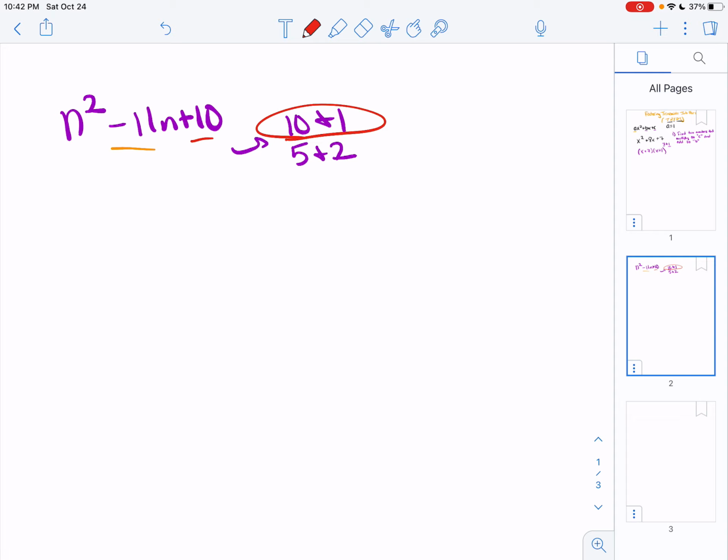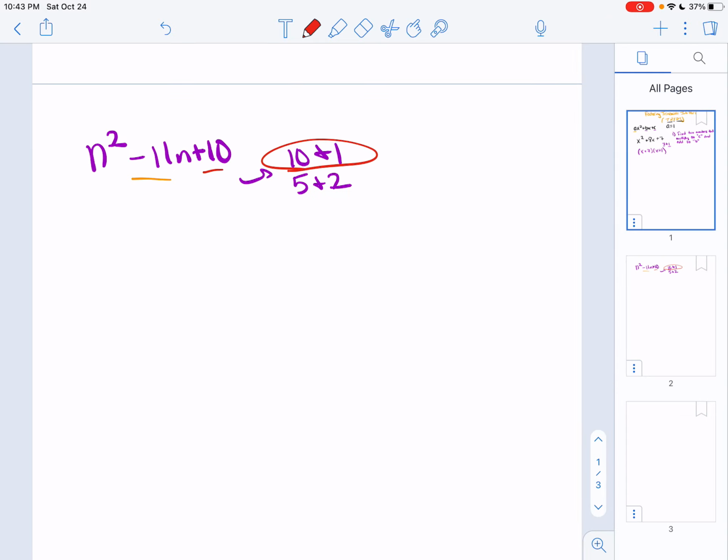In this case, we have to use the situation where they are both negative, because negative 10 times negative 1 is positive 10, but we need to add to negative 11, and negative 10 plus negative 1 is negative 11. So, what we have is negative 10 and negative 1. We're just going to write our factors as n minus 10 and n minus 1. And it doesn't matter what the variable is.